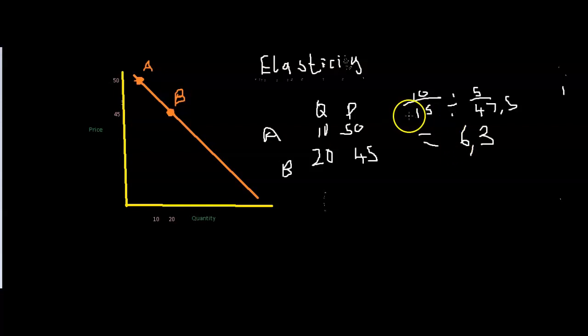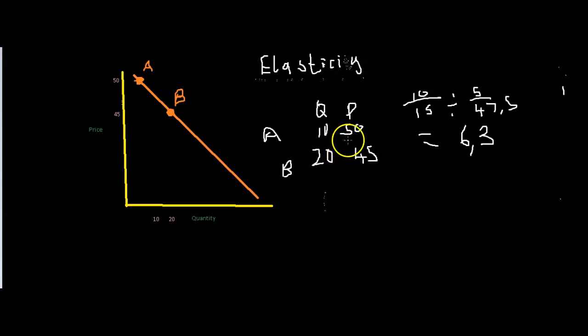Now you can clearly see why it's elastic and why the elasticity is so high, because over here at A, you had 10 people buying your product at 50 Rand each, but you just basically cut off 5 Rand and now you're selling it at 45 Rand. But you have so many more people buying your product, 20 people.